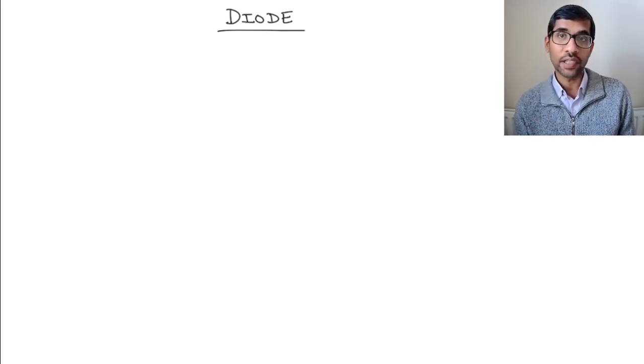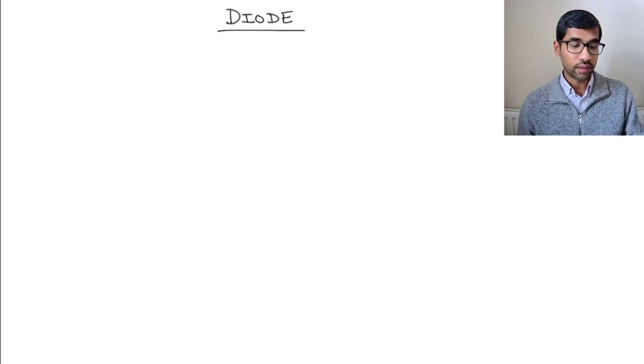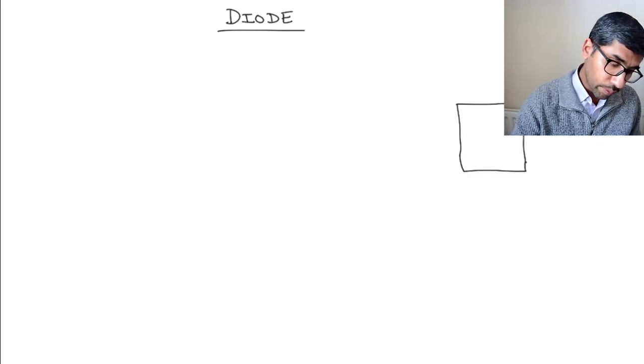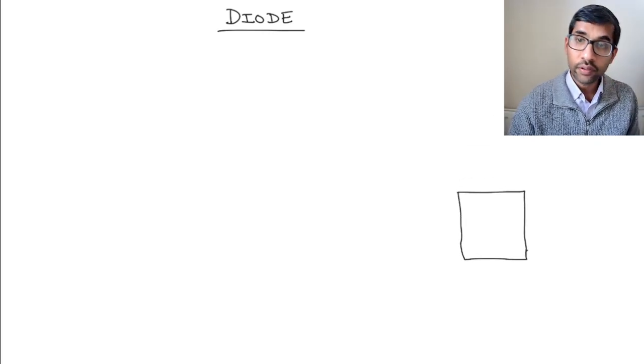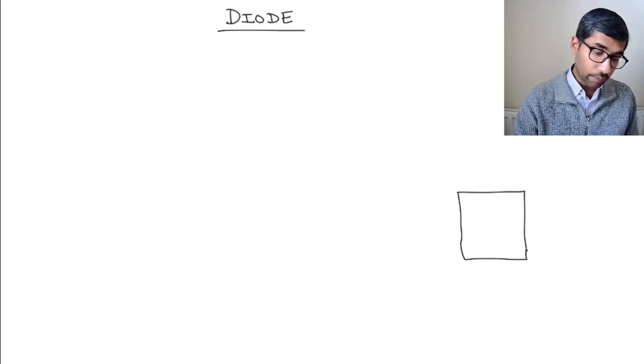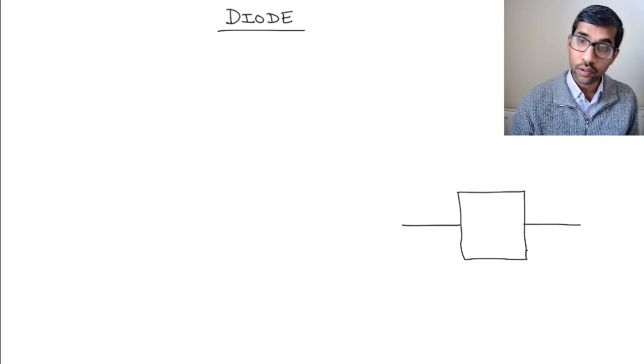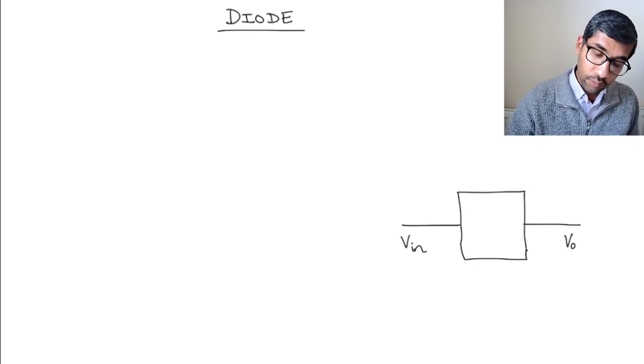So for example, in an op amp, let's just draw it as a block here. I need to move this block a little bit down. So this is the op amp, and what does the op amp do? It takes an input and it gives you an output, right? So let's say V in, V out.